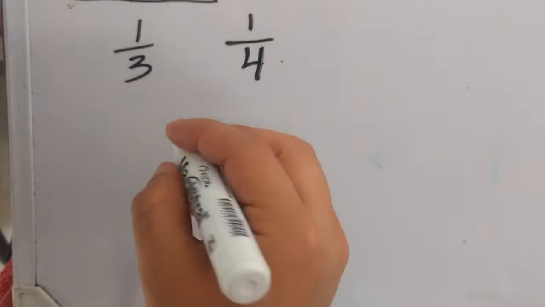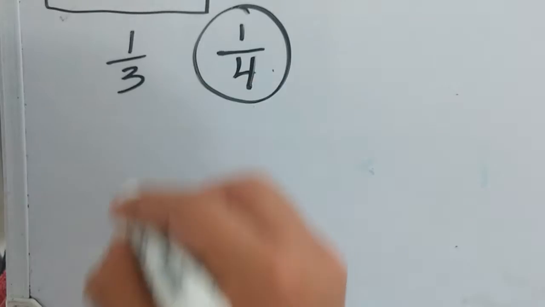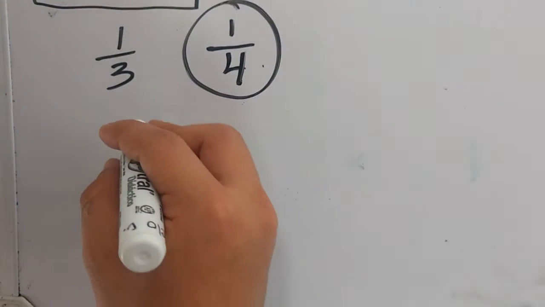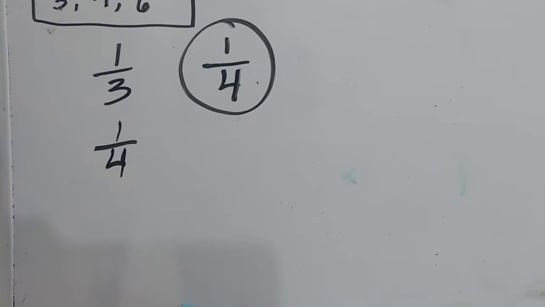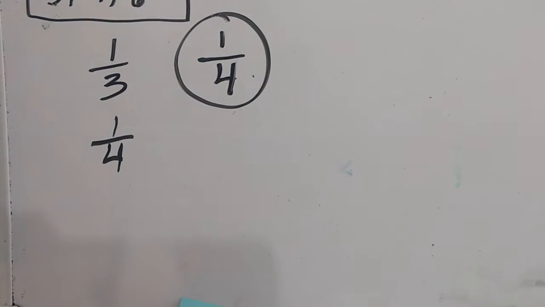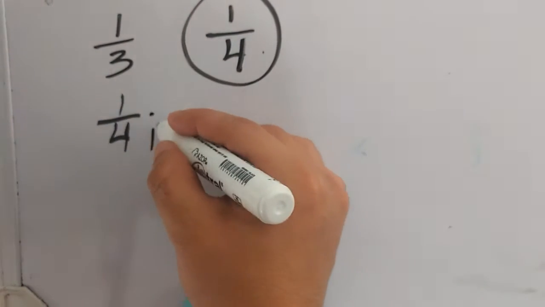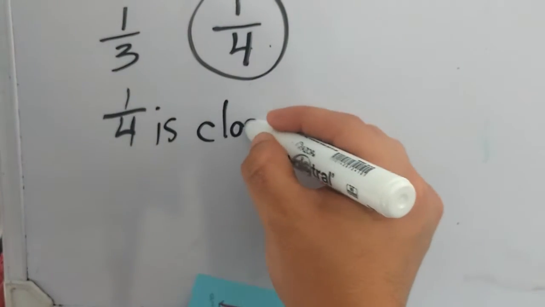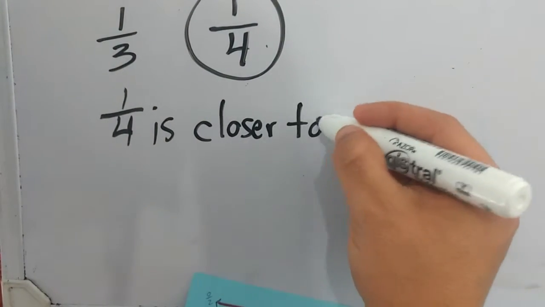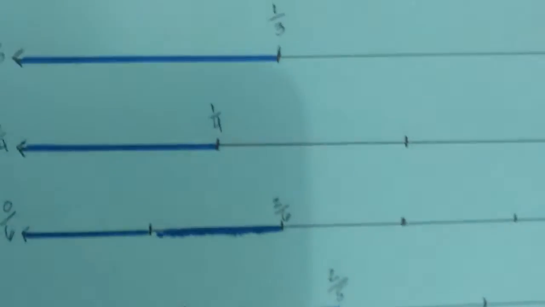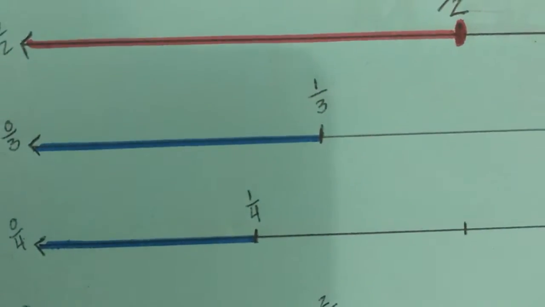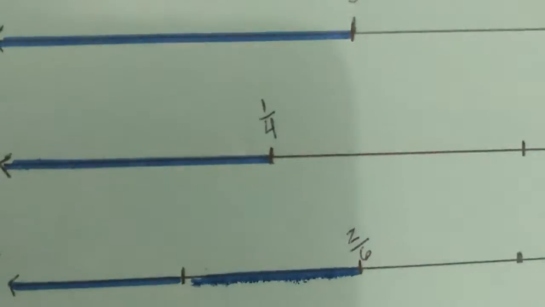For example, 1/4 is closer to 0. Why? Because it's on the left. As you can see, here's the 1/3 and 1/4, and 1/4 is on the left.